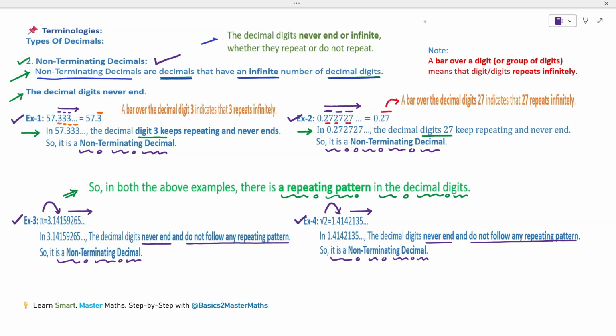Observe here, the decimal digits never end or they are infinite, whether they repeat or do not repeat. Got it? In the next session, we are going to learn about different types of non-terminating decimals. So, please stay tuned.